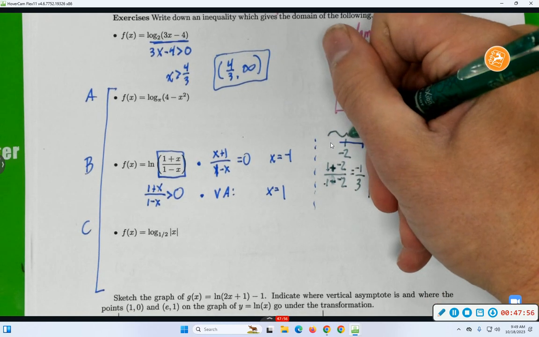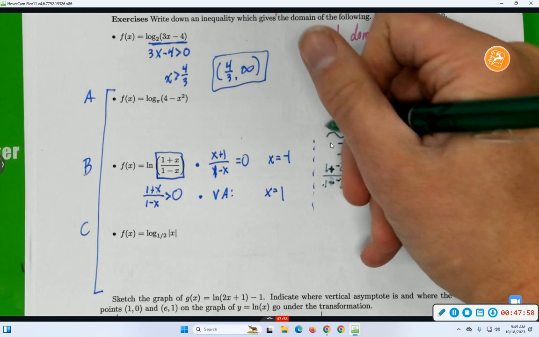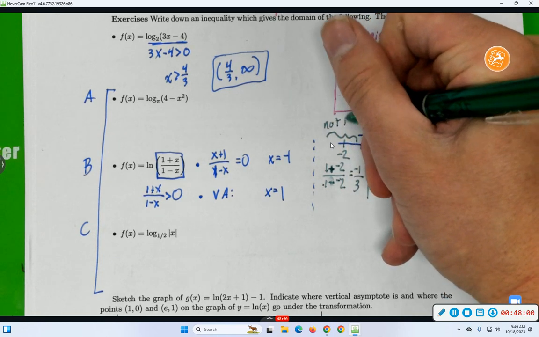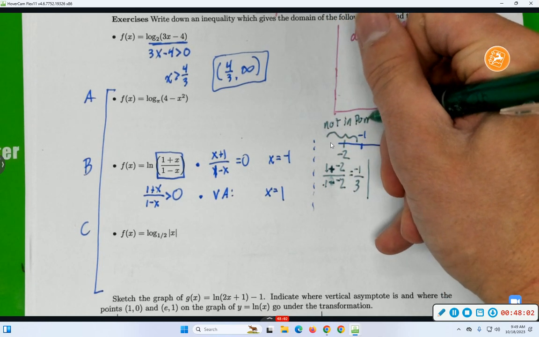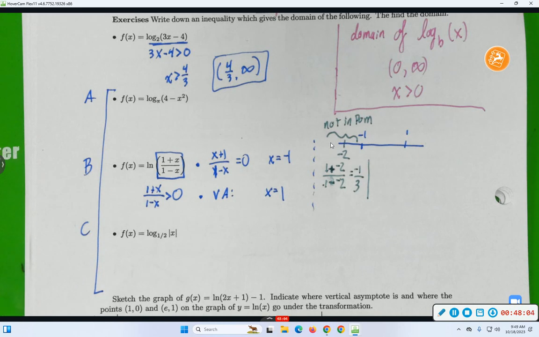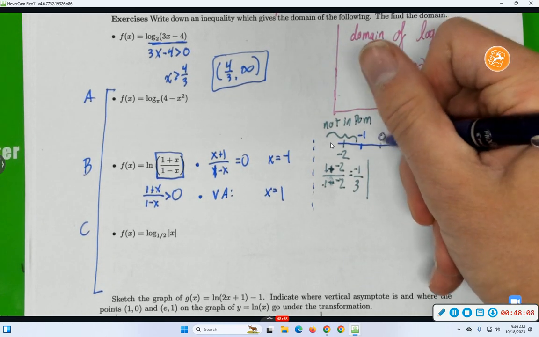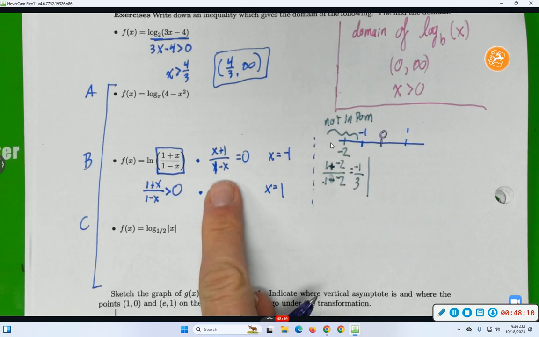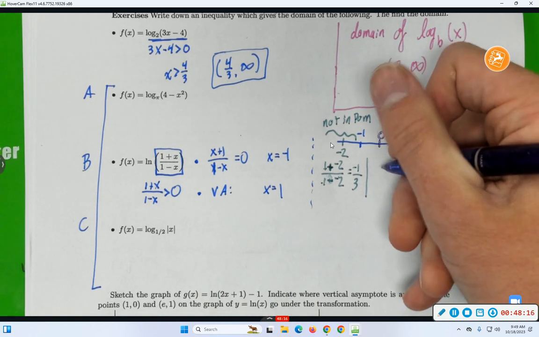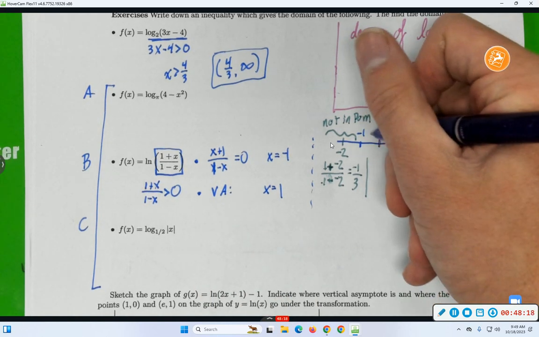So that means that anything to the left of negative 1 is not in the domain. Give me a sample value between negative 1 and 1. 0. 0 is an easy number to plug in. Plug 0 into that. What do you get? Yes. Good. I was getting not 1, but you're right.